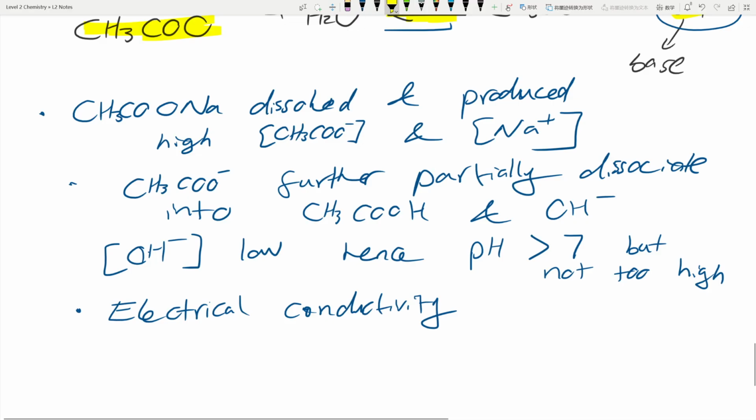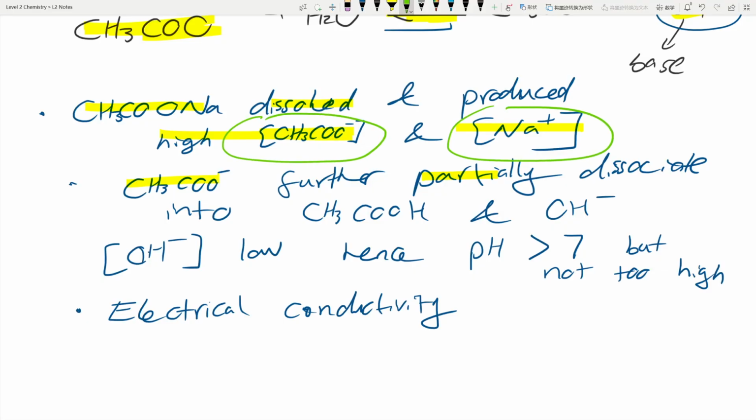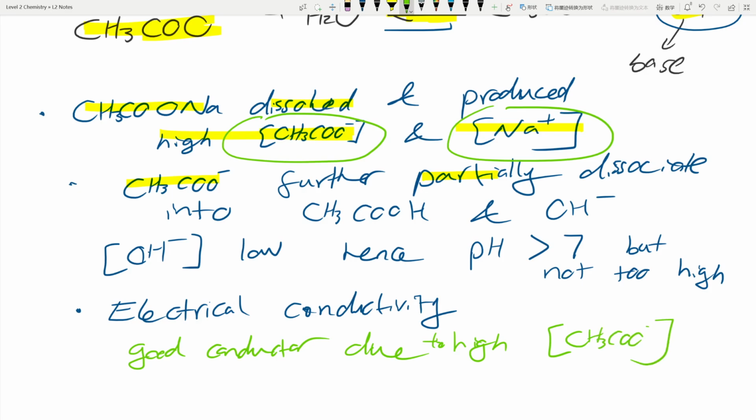If you go back to what we talked about before, this CH3COONa completely dissolves, and you have a high concentration of CH3COO minus and a high concentration of Na plus, and then yes, this CH3COO minus further partially dissociates, but you still have heaps of this, and you still have heaps of that. So conductivity wise, this is a good conductor of electricity due to the high concentration of CH3COO minus and Na plus, which are free moving.